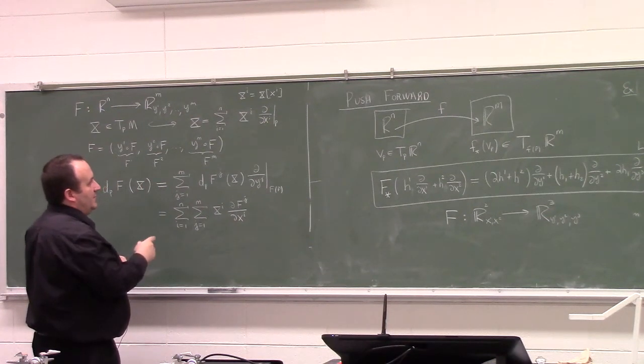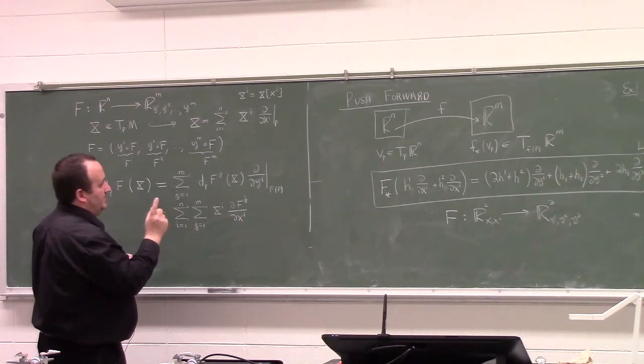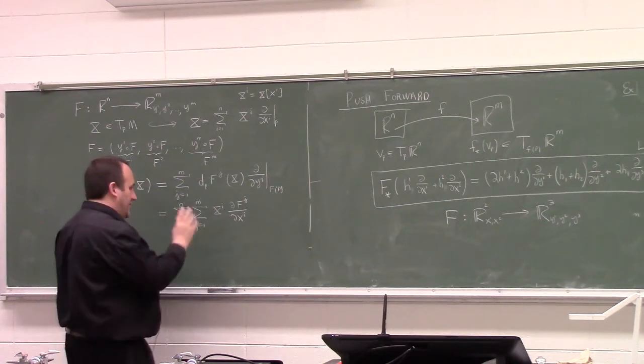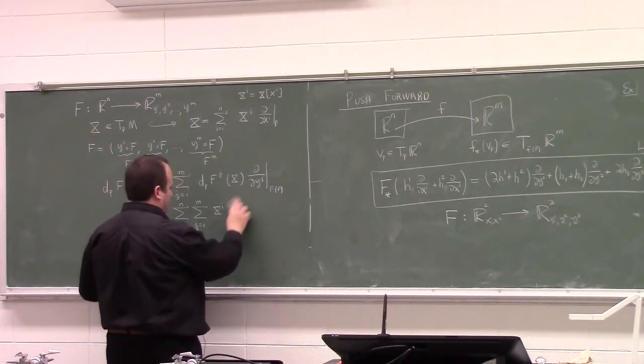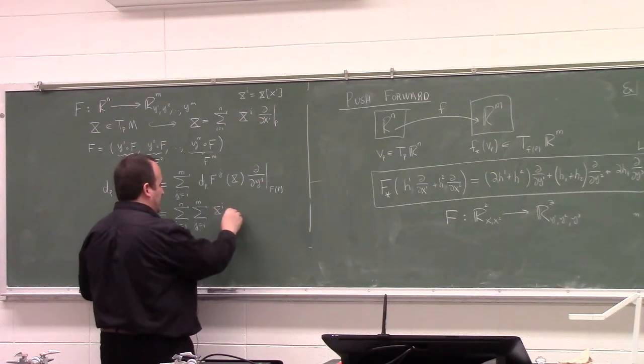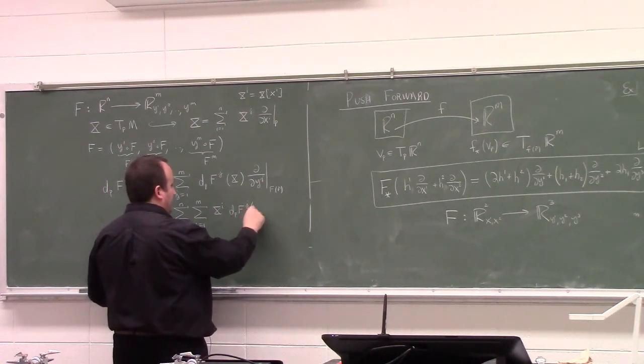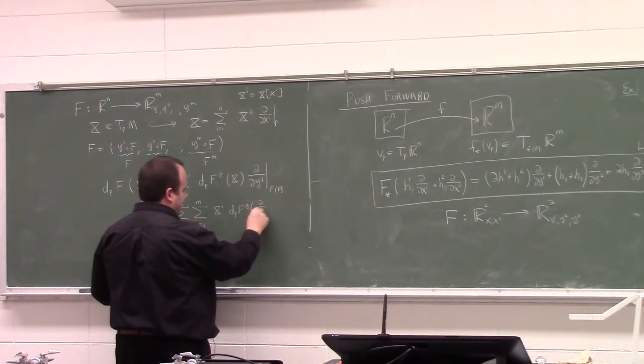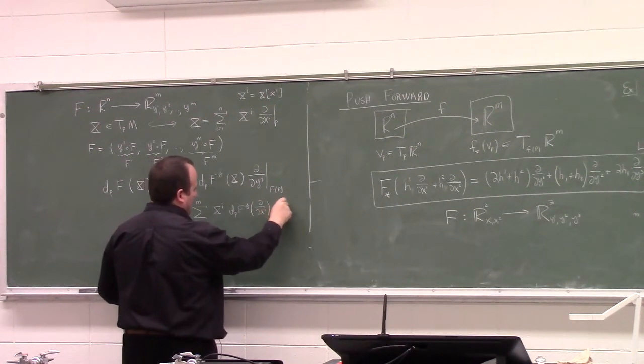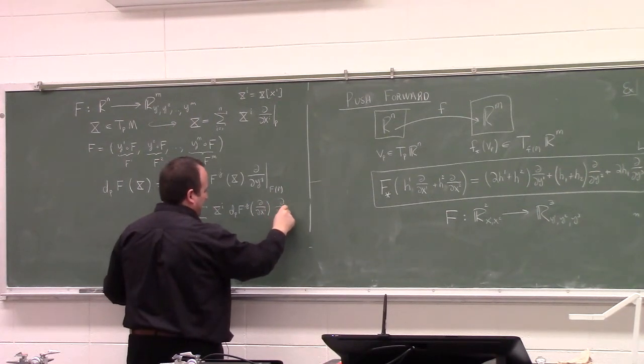Okay, I need to include one more. I'm sorry, let me not skip that step. There's a step you guys should see. This is d p f j acting on partial xi. But remember what we did last time?